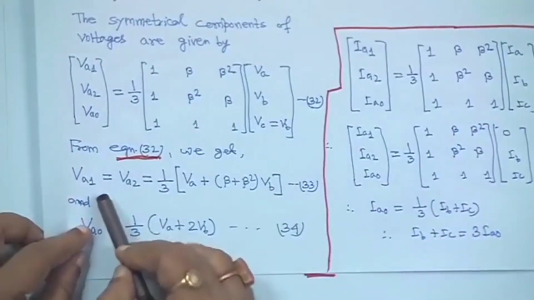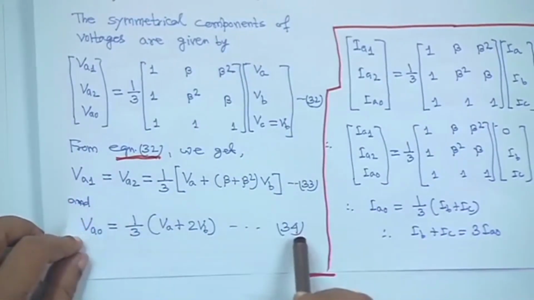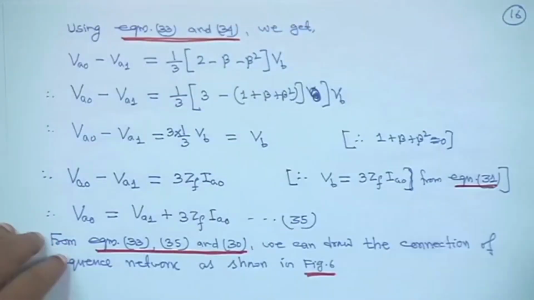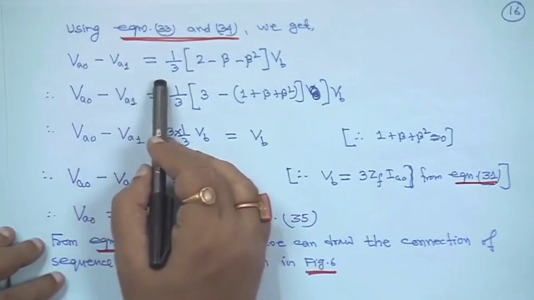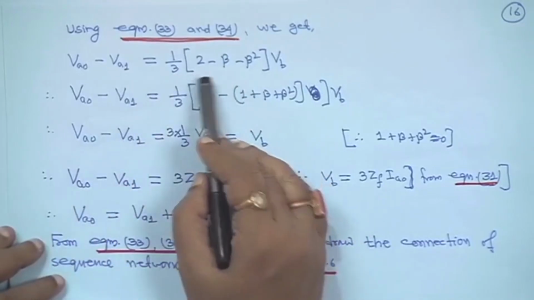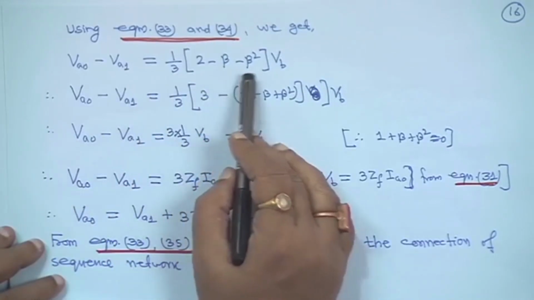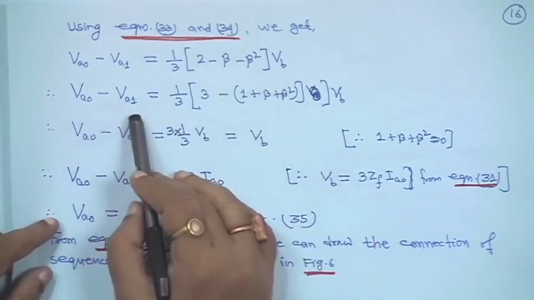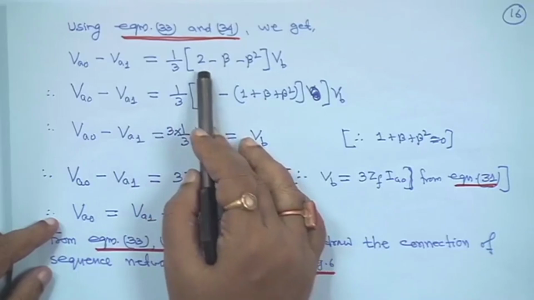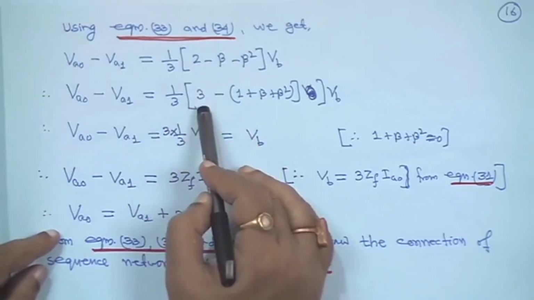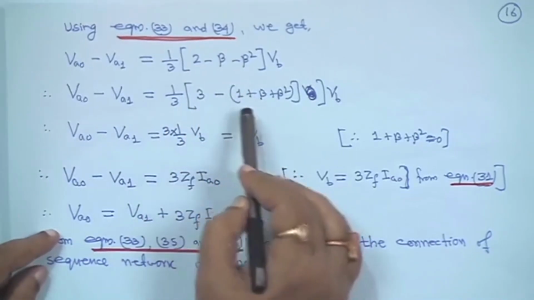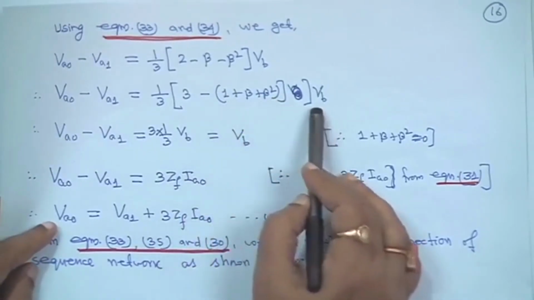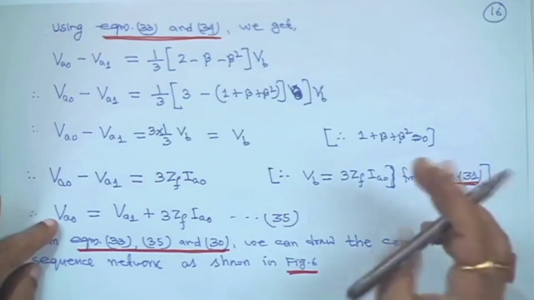If you do so, V a 0 minus V a 1 will come like this: 1/3 (2 minus beta square) into V b. Now add 1 and subtract 1: 2 plus 1 is 3, then minus, you take common, it will be 1 plus beta square into V b.